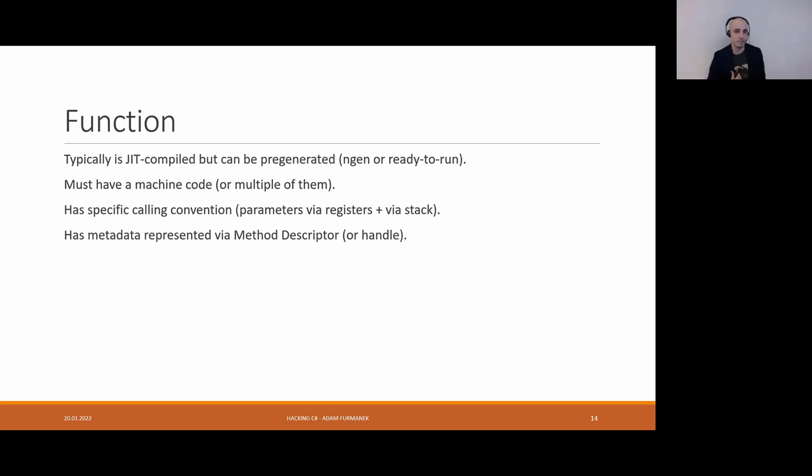The other thing which is very important here is that every single function has a thing which is called a method descriptor or method handle. There are actually multiple names for the same thing here. The method descriptor is a piece of metadata which the .NET runtime uses to describe functions whenever it's needed, like whenever you use reflection, when you ask for the function parameters, generic types, return type, whether it's overloaded, overridden, and final, whatever, it's all stored in the method descriptor, in the method's metadata.